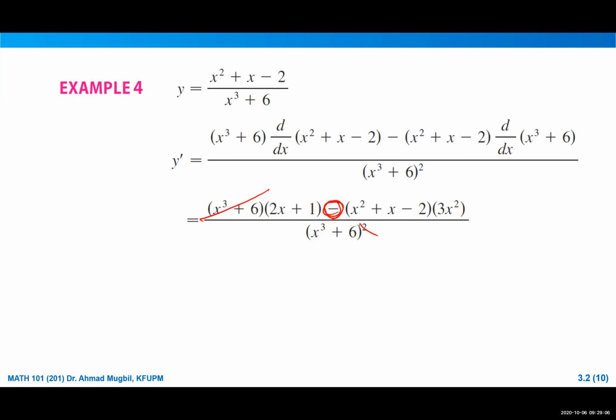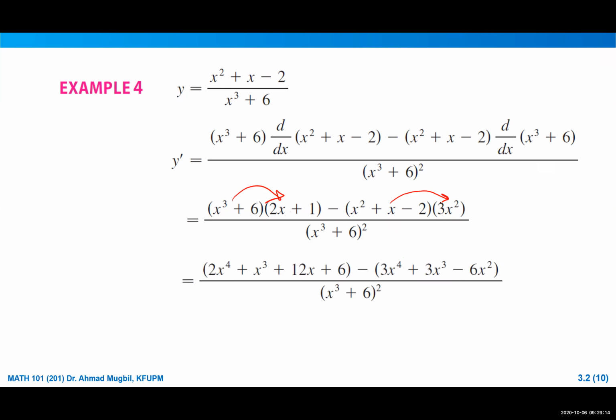You have two terms here, so you cannot do that. It is wrong. So what you should do is expand, multiply this by this and this by this. It is a very important algebraic step. Combine the like terms. This is what you are going to have at the end. So this is the derivative. If you can simplify it more, simplify, but I think you cannot. You have to stop here. So this is the derivative of this function.